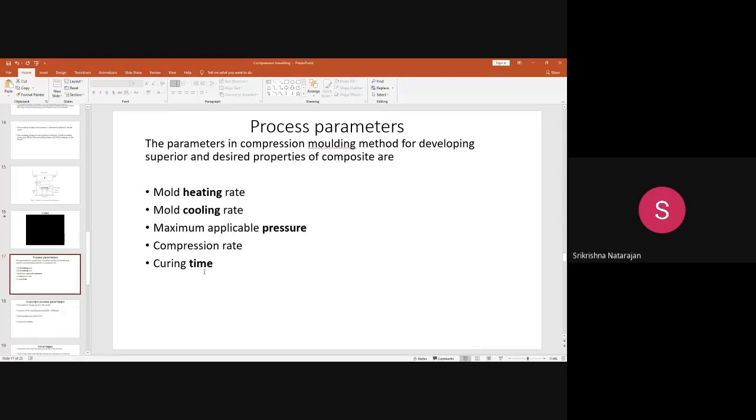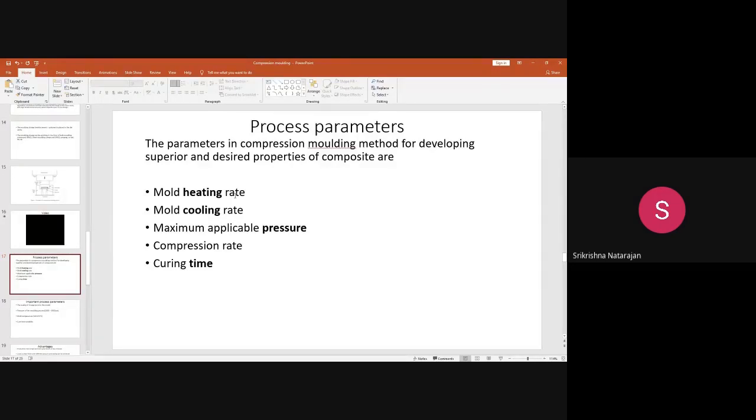In compression molding, the mold heating rate, at what rate it is heated, is important. The mold cooling rate is also important, because for certain matrices like thermoplastic matrices, solidification happens because of cooling. The composite becomes solidified only after it is cooled.